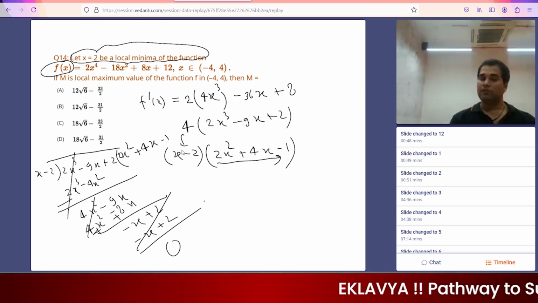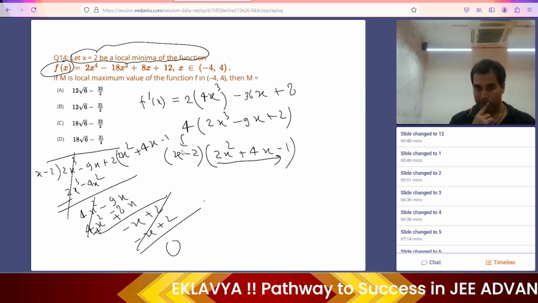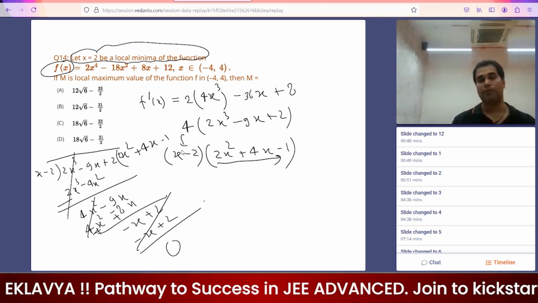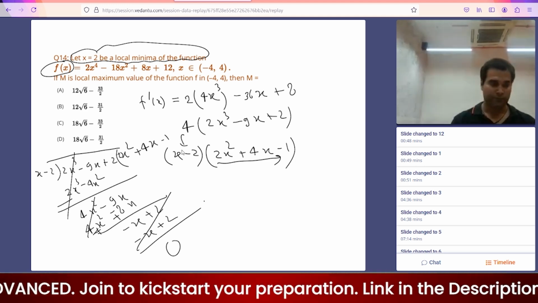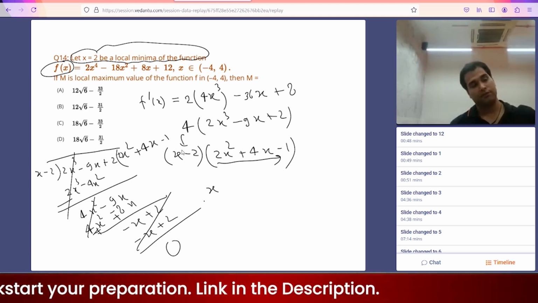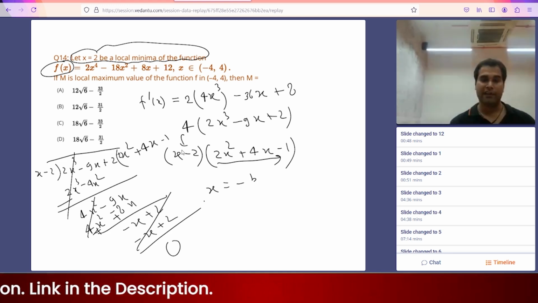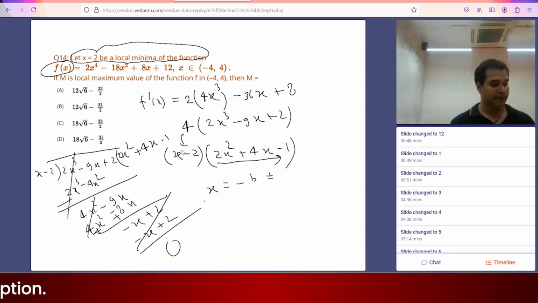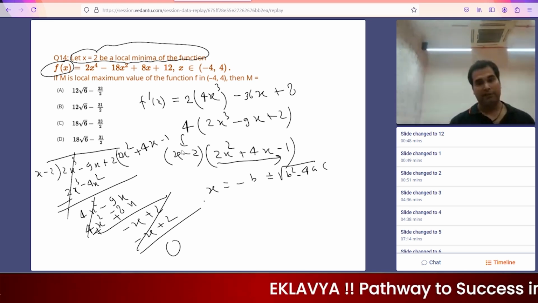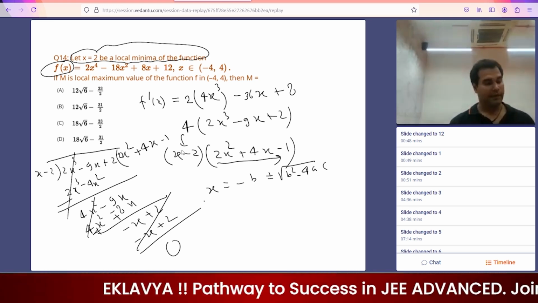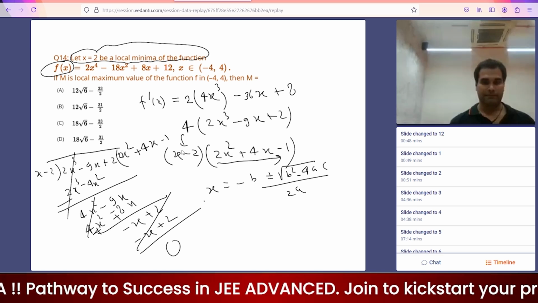This equation is solved by using the quadratic formula: x equals minus b plus minus root of b square minus 4ac upon 2a.